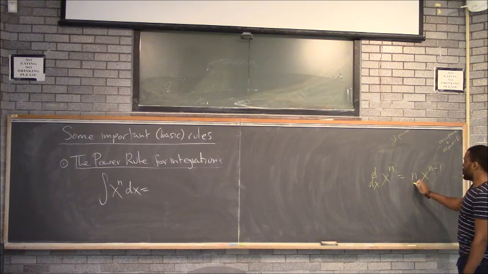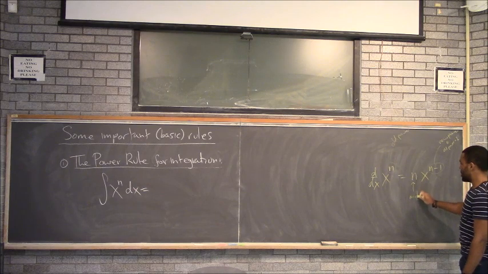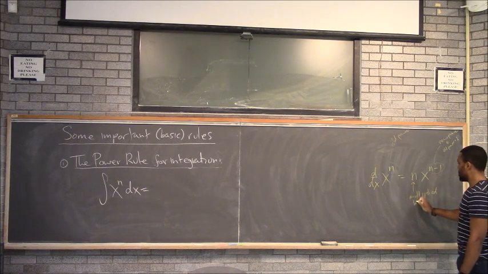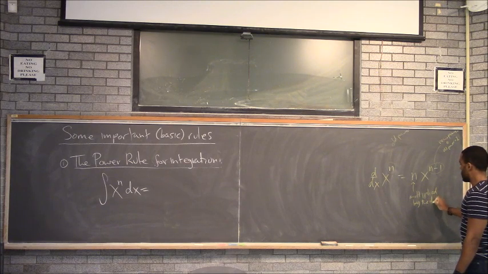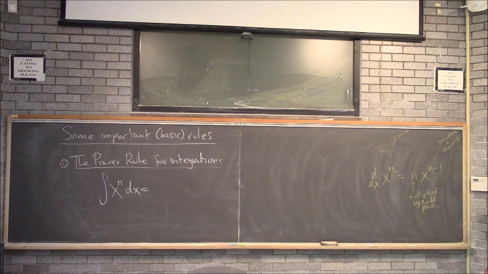And you'll notice what we did here was we multiplied by the old power. So if I wanted to differentiate, what I did was I subtracted 1 from the power and multiplied by the old power.